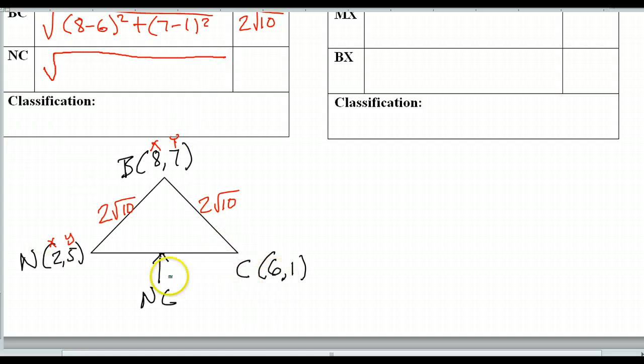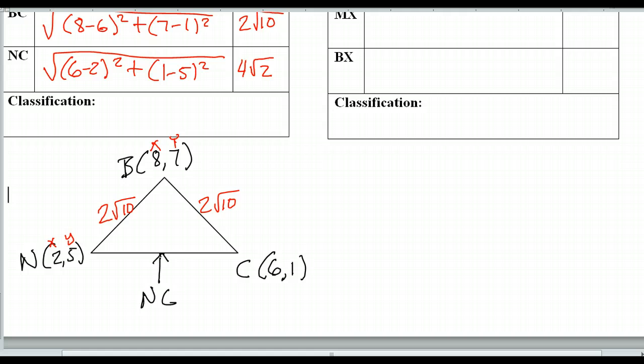X minus x, I'm going to do 6 minus 2 this time. So x minus x squared plus y minus y. Okay, so that would be 1 minus 5 squared. So that's 4 radical 2.